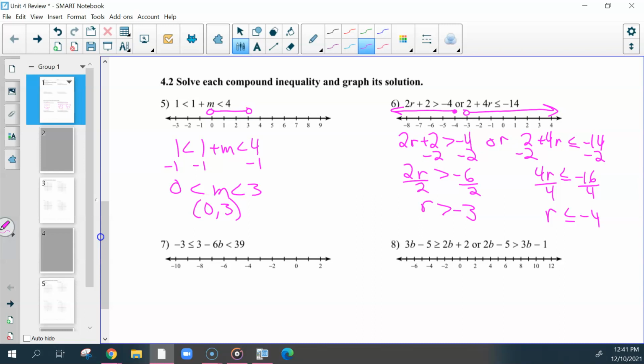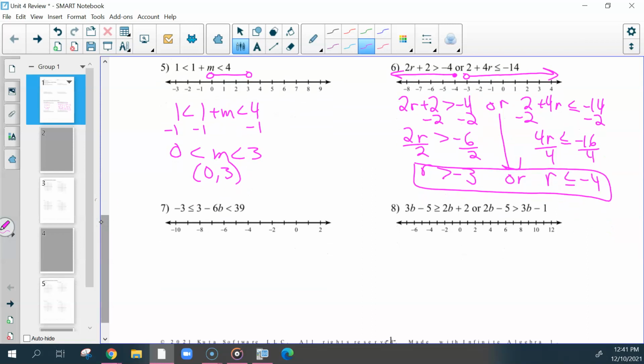And because this is an or inequality, or needs to get brought down, and the solution set. Do you have questions on those two before we do 8? You have to graph both.